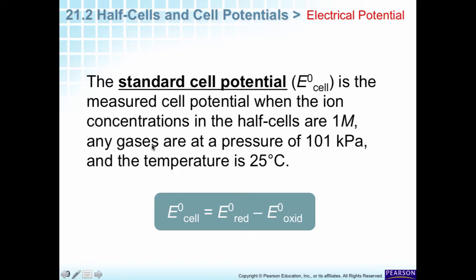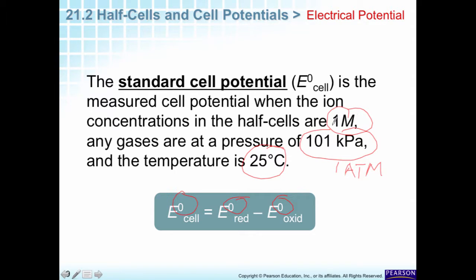Okay, usually we have something called the standard potential. Anytime we have something that we call standard, we write this little 0 here. So what does that mean? That means that the temperature is approximately 25 degrees C, 101 kilopascals, which is basically 1 atmosphere, and the solution that the metal is put in is 1 molar.